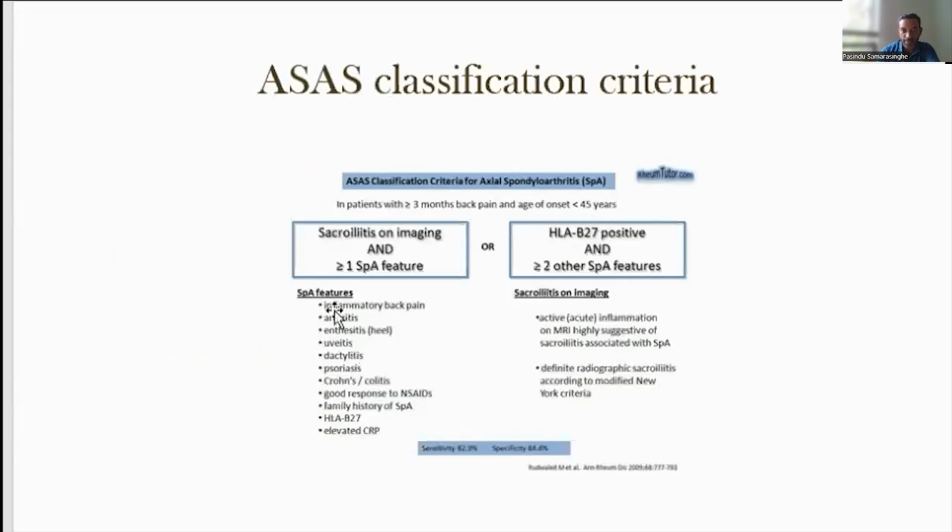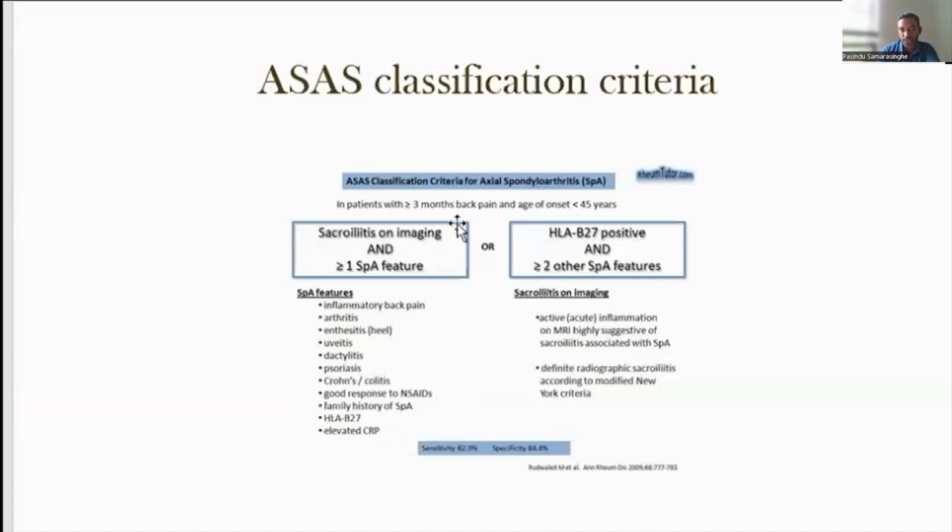See whether it's inflammatory or not, whether there's morning stiffness for more than 30 minutes, and whether it improves with activity, and see whether he has any arthritis, any enthesitis, any plantar fasciitis or Achilles tendinitis, any history of eye involvement like painful red eye with impaired vision, any dactylitis, psoriasis, ask history of inflammatory bowel disease, and see whether there's any family history. So do inflammatory markers, CRP, and do an X-ray of SI joints, and then refer to a rheumatology clinic.